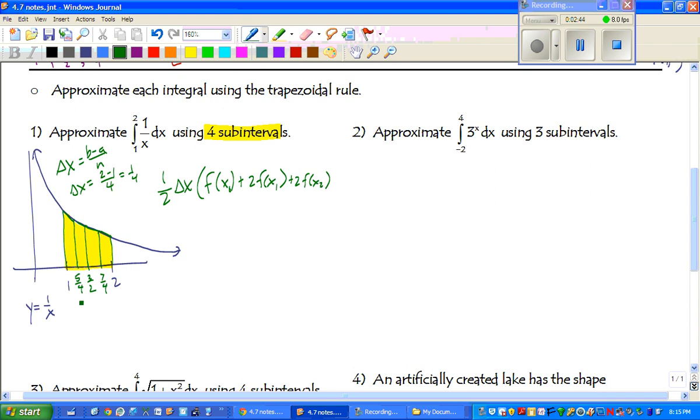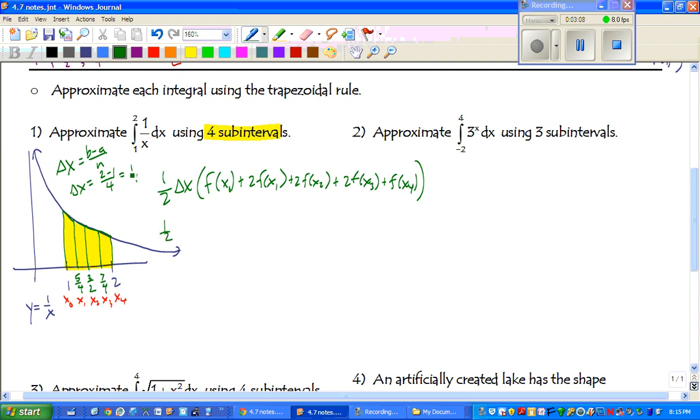Right, so this would be like our x sub 1. Use a different color. X sub 0, that's our x sub 1, x sub 2, x sub 3, and x sub 4. So we've still got a little ways to go here in our formula. Plus 2 times f of x sub 3 plus just f of x sub 4. All right, so that's our formula.